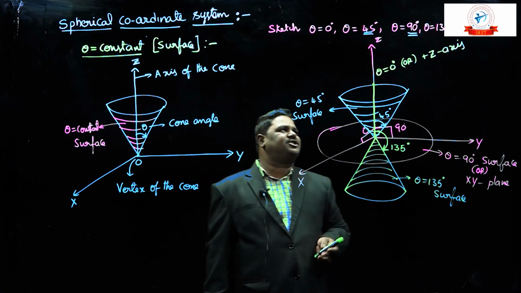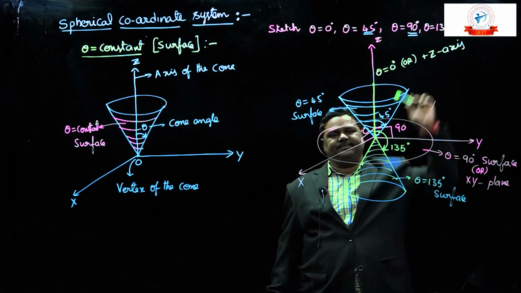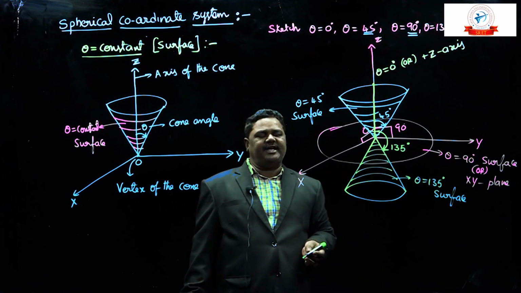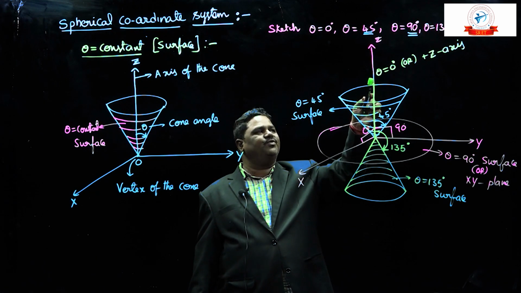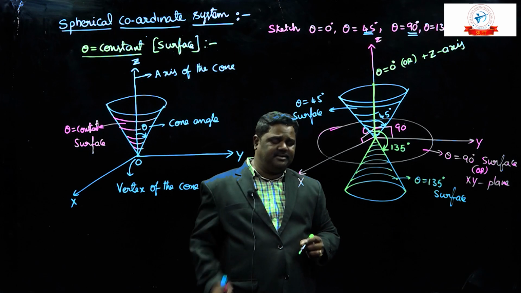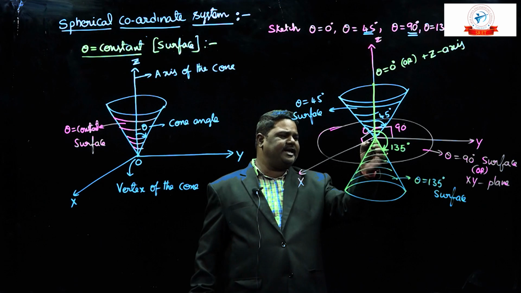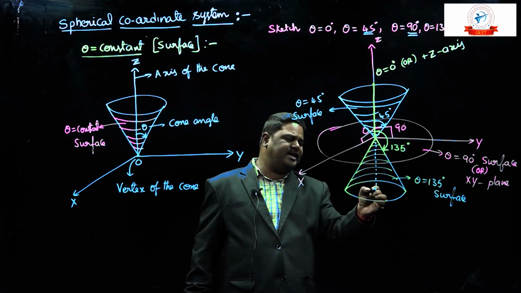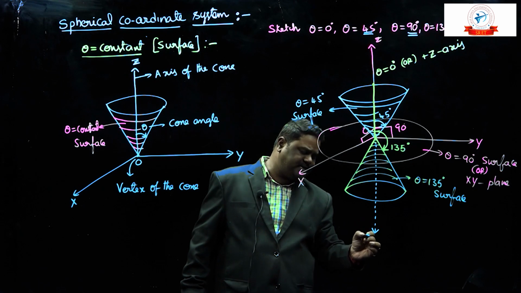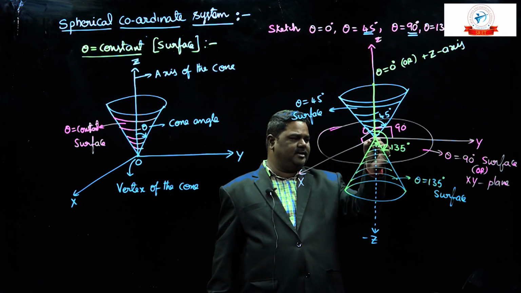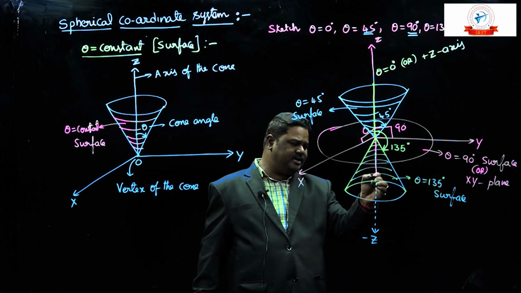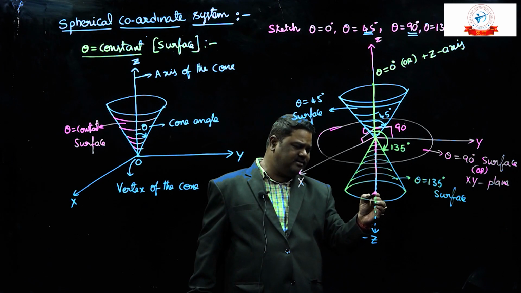Next, consider the last one, theta equal to 180. That means the cone angle is 180 degrees. This cone surface should make 180 degrees with the z axis. Definitely the negative z axis makes 180 degrees with the positive z axis. So this cone surface will coincide with the negative z axis.